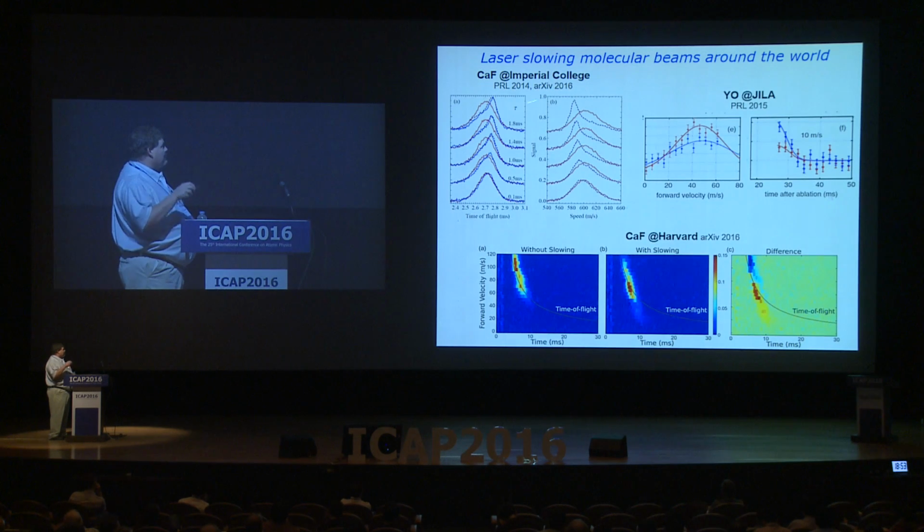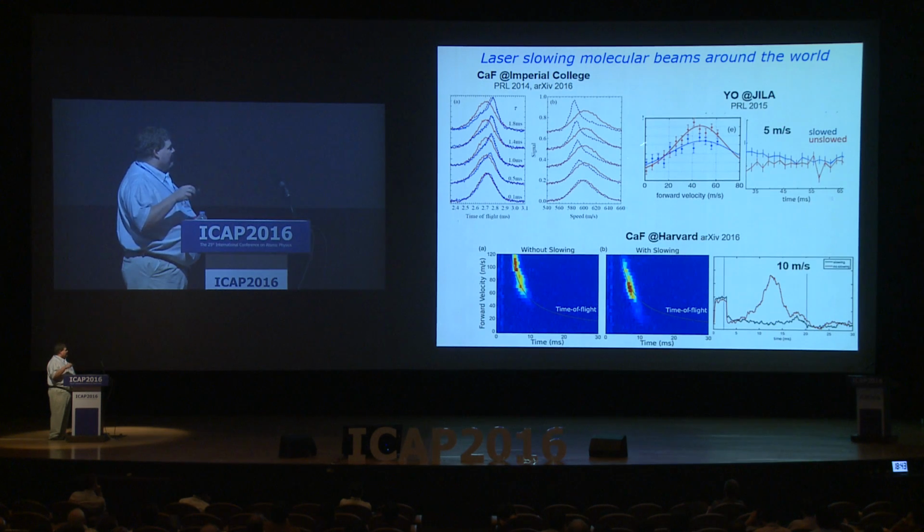Nevertheless, it's now been possible for several other groups to do this sort of longitudinal slowing: Imperial College, Yale, and Harvard. And I'll just point out that very recently these groups have been able to start seeing evidence of molecules at the very low velocities that are needed to start loading into a trap. Imperial College has really beautiful data, but I'll leave that for Mike Tarbit's talk in the next slot.